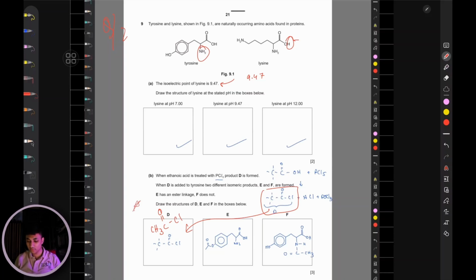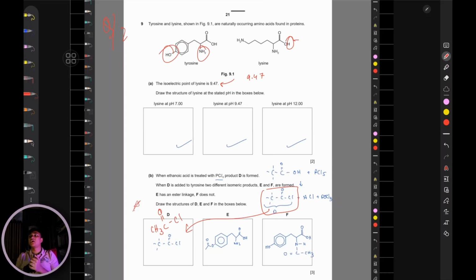Now, the other thing over here is your OH, which is going to act as your acid. Now, in general, if you've seen the crash course, carboxylic acids reacting with alcohols will form an ester linkage.